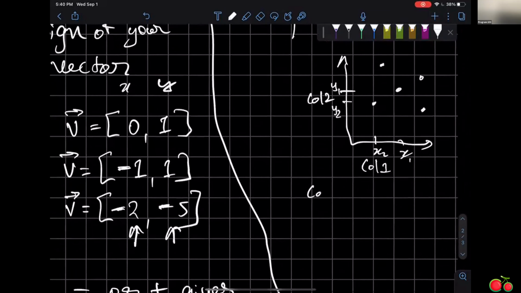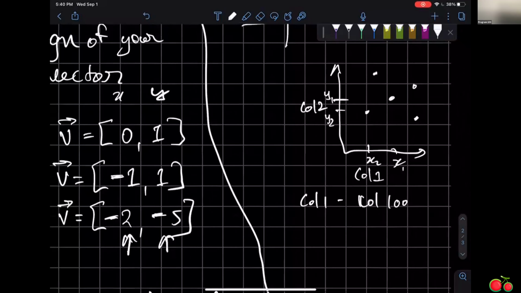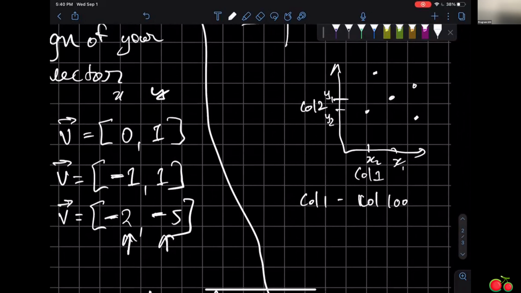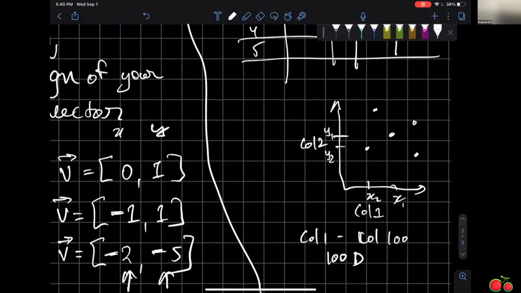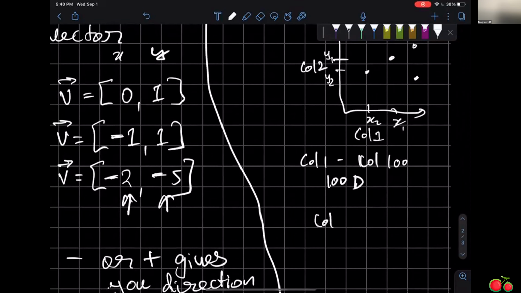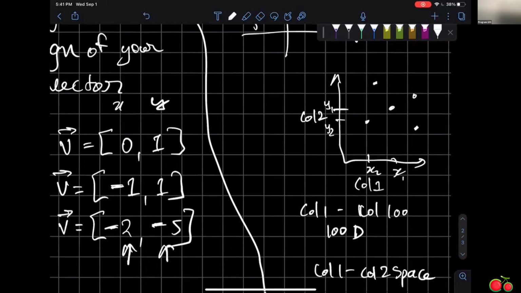I can have 100 columns in a data set, right? So what I essentially have is a 100-dimensional space. We call this a space. When I define column 1 and 2, we call it a column 1, column 2 space, because your collection of points is defined by this space of sorts, which is x and y.